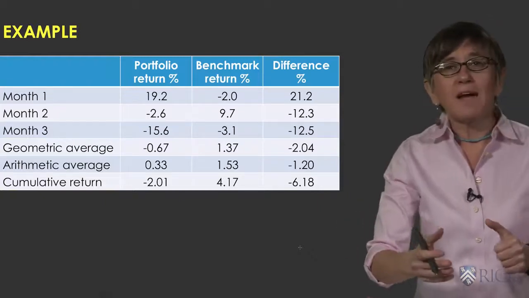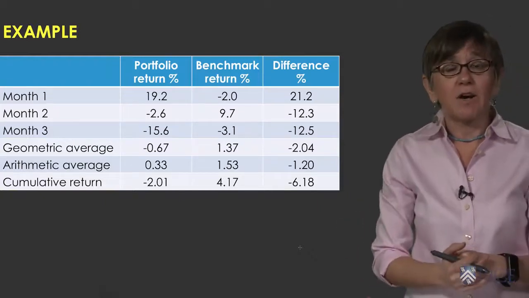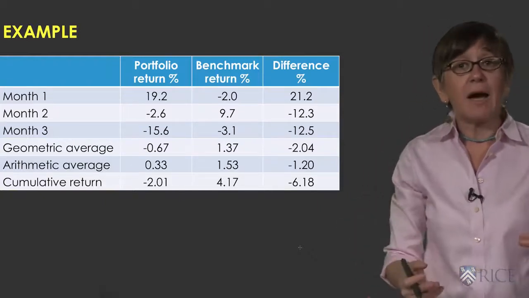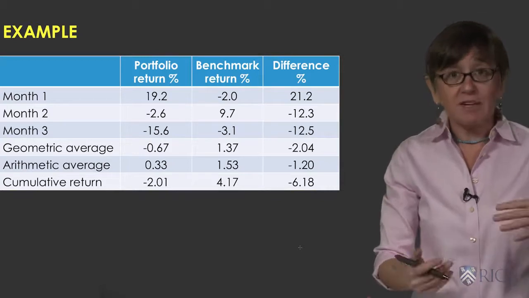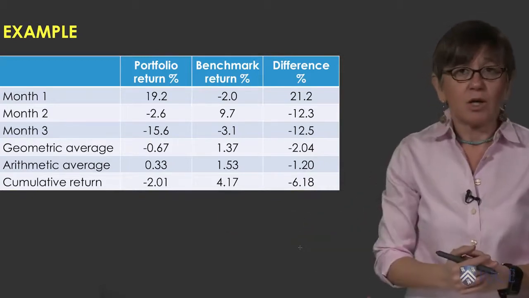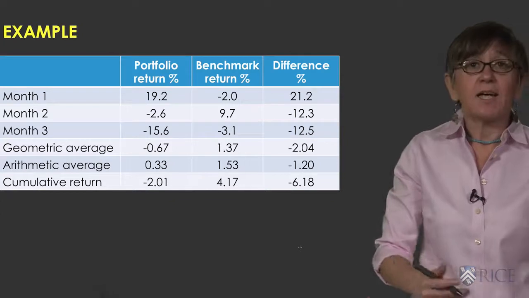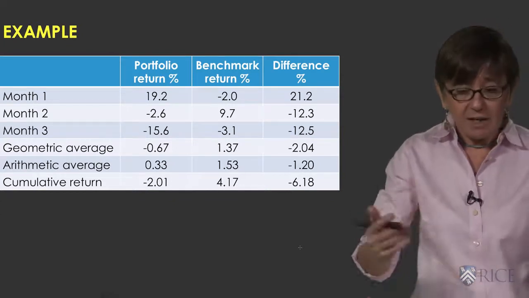So let's now go back to the example from last time, and we can compute the compound excess return for each period as we just saw. So what is the mean excess return over this period?